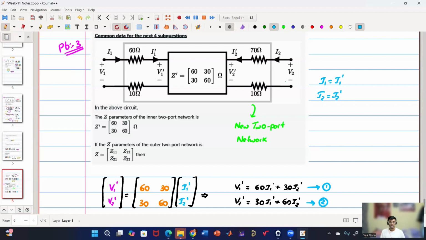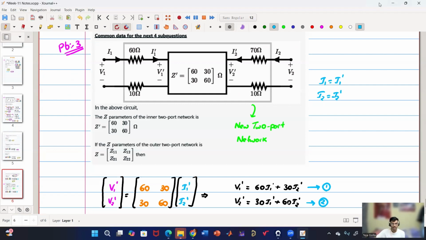But also there is 10 ohm. You have skipped 10 ohm. Yes, sir, V1 is V1 dash plus 10 I1 dash. Okay, so can you tell V1 in terms of V1 dash and I1 dash? You just take your time and then tell me V1 in terms of V1 dash.